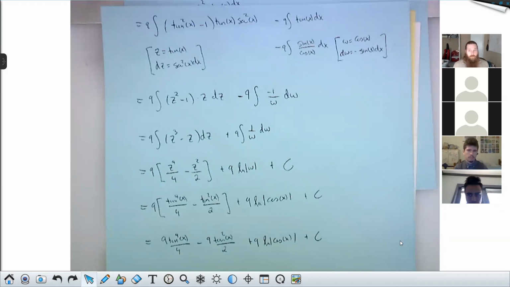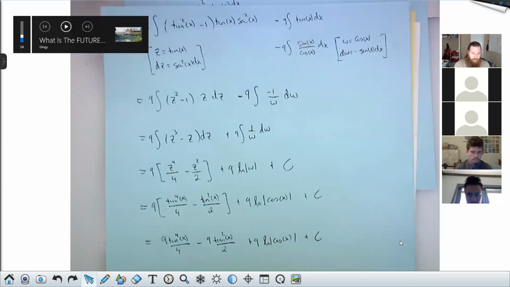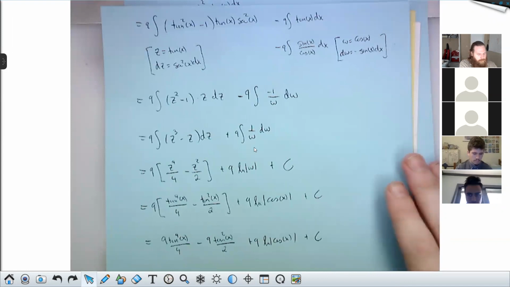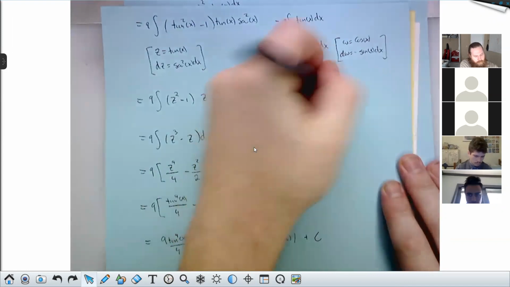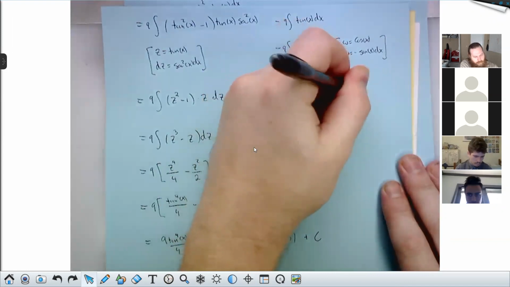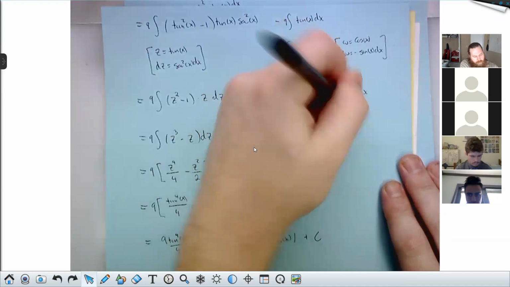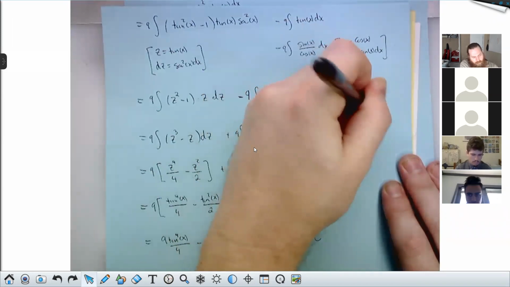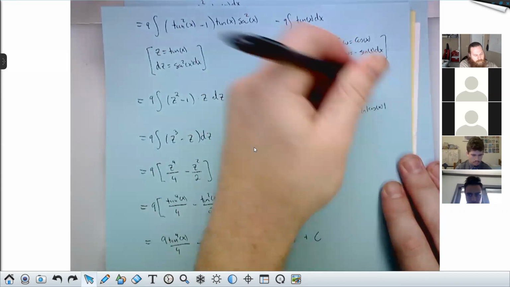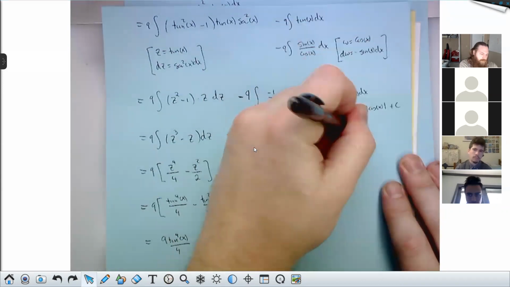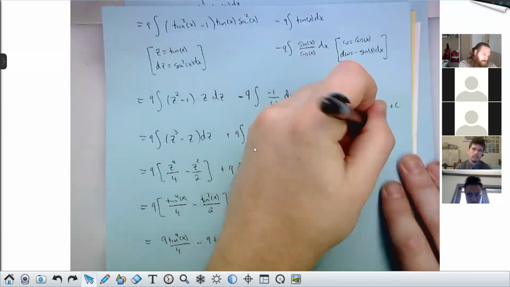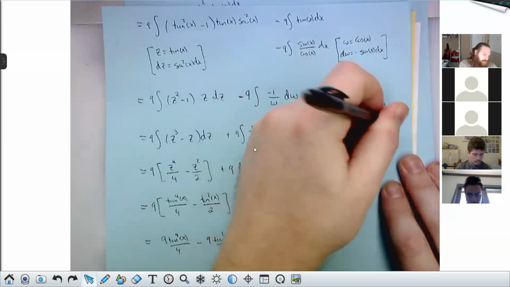If we integrate tangent as ln secant x, it's still correct, right? So the integral of tangent, there's a few ways to do this. The integral of tangent, you can write it as the negative ln of absolute value of cos x plus c, which is the same as the positive ln absolute value of secant x plus c.